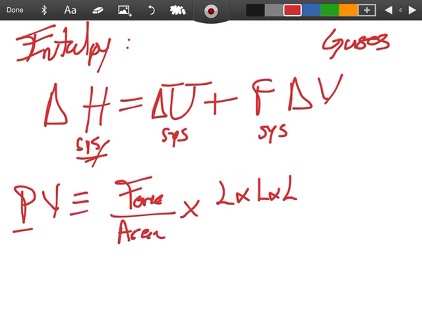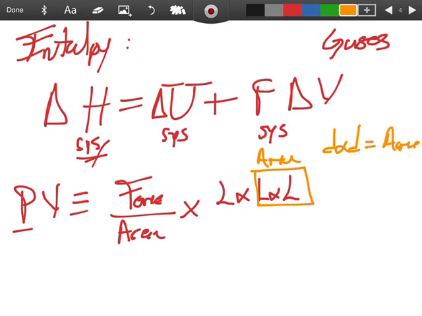But if you're observant enough, you will find out immediately that what you have here is an area, right? Because distance times distance is the same as area. So once we perform a dimensional analysis, we see that these two will cancel, leaving this area.